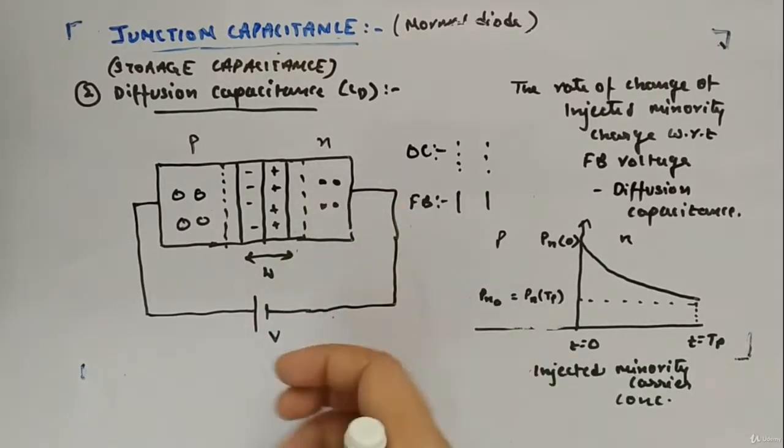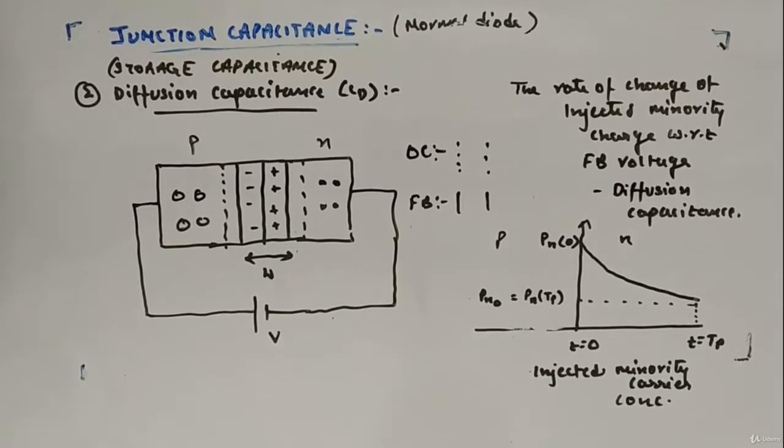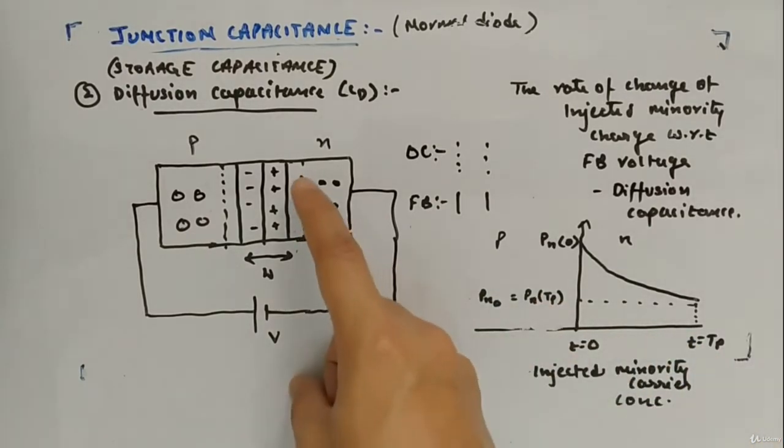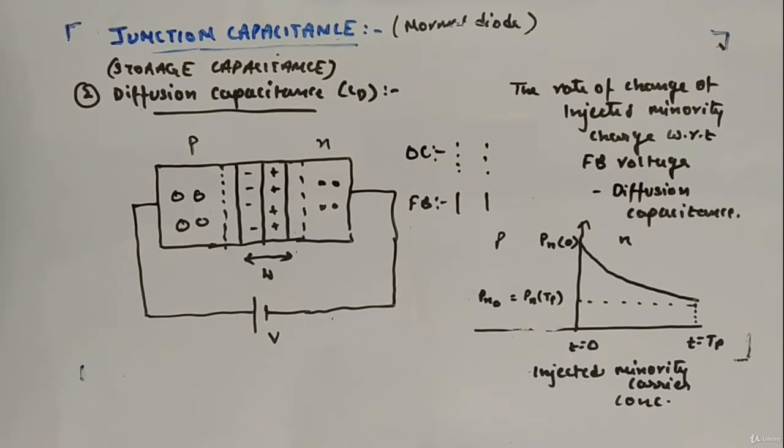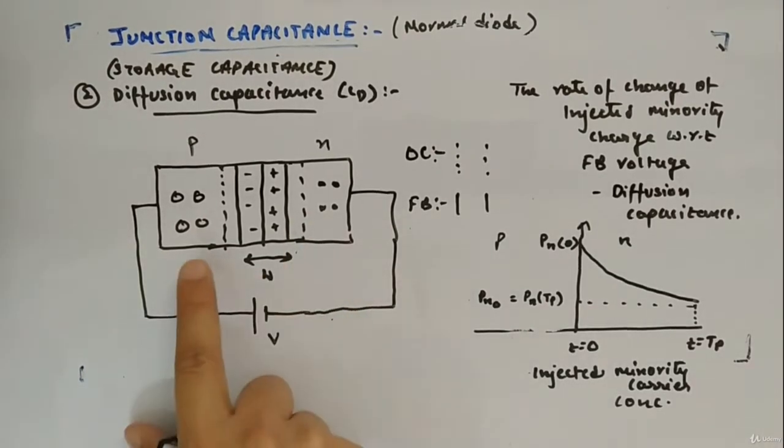That's the reason it is decreasing with time. And if the minority carriers decrease, the width will decrease, because you are taking out the minority carriers, which leaves negative charges. If the negative charges combine with positive charges, the region will disappear. So it is as if you are decreasing the width, and the same thing will happen on this side as well.